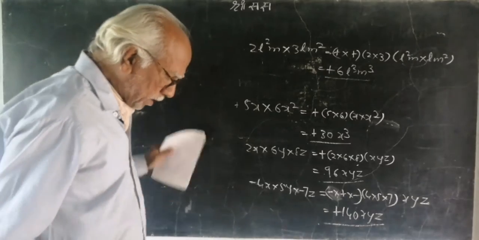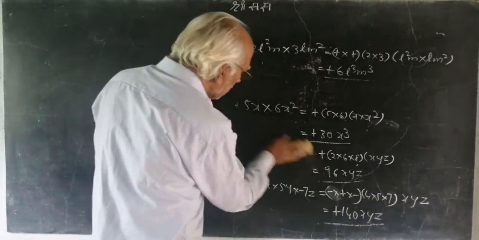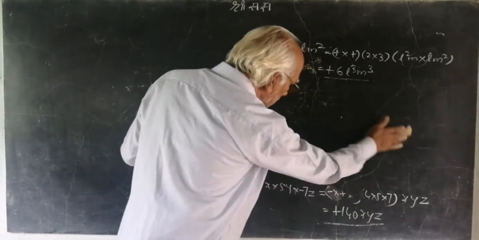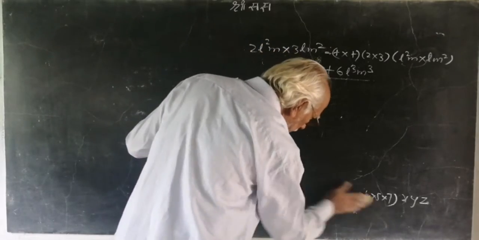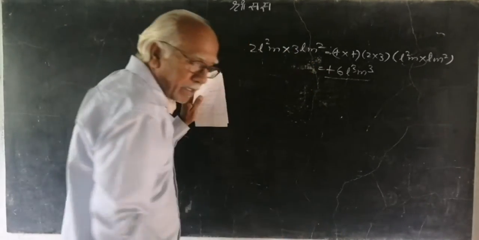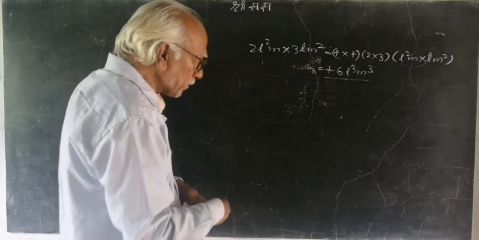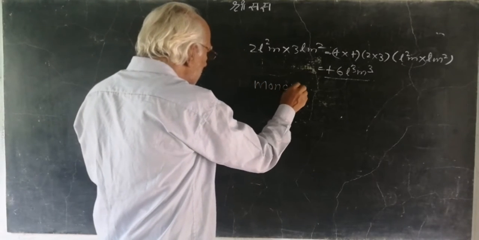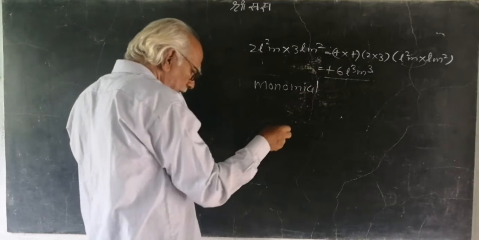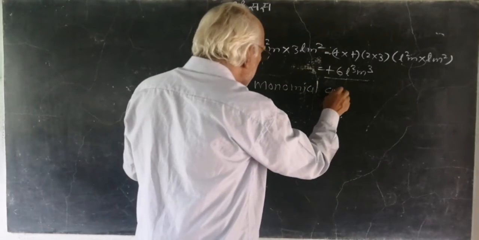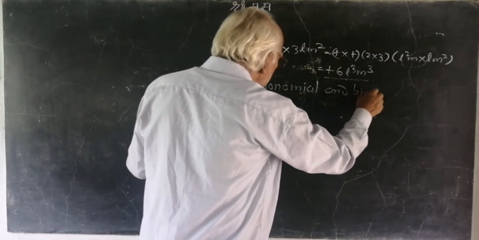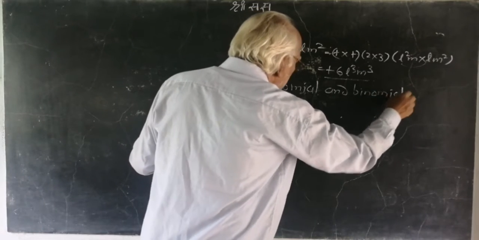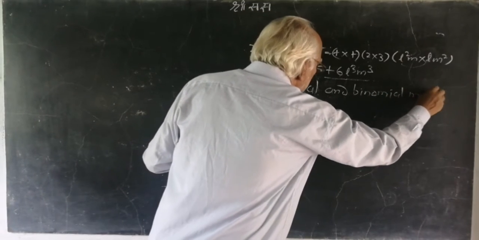So this is multiplication by a monomial. Now we can go through monomial and binomial multiplication.